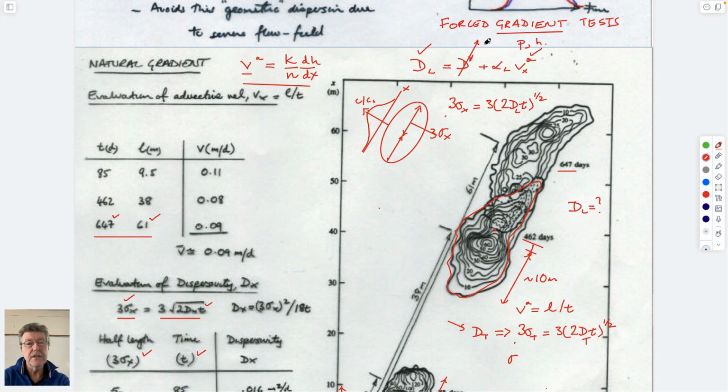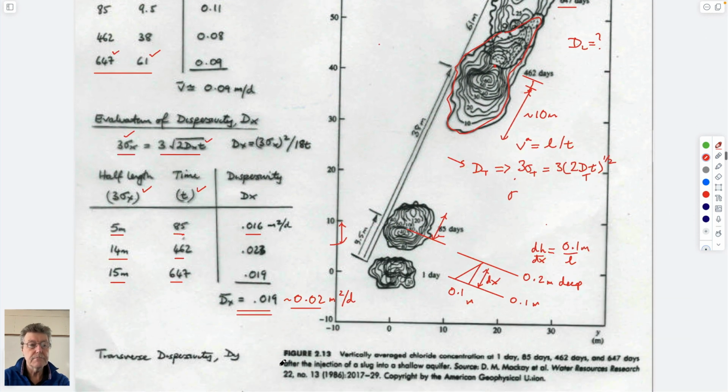And we said before that this value should be of the order of 10 to the minus 9-ish meters squared per second. I don't know what that is in terms of days. What are we getting?